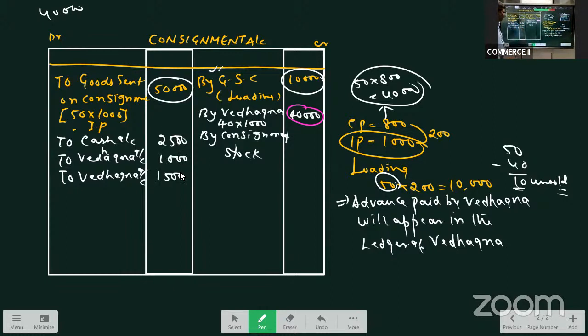Now, very important thing what we have to do, that is the valuation of consignment stock. Why am I saying that it is important? Sir, we have been doing it in all the problems based on unsold stock, no? But here, when it is a case of invoice, we have to do the valuation of unsold stock twice. I repeat, when it is a case of invoice method, we have to do the valuation twice.